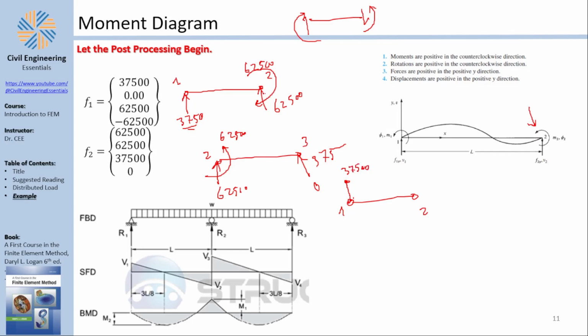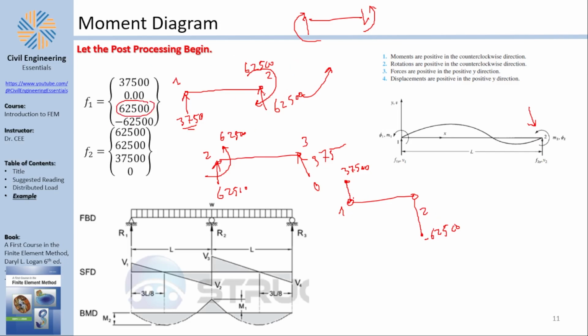What about this? This goes up, but the positive shear on the right side goes down, so those are not equivalent, and that's the reason why this is actually the opposite direction. So 62500 is going to be a negative shear of negative 62500. But doctor, wait, it's positive here, right? Why are you putting it negative here?